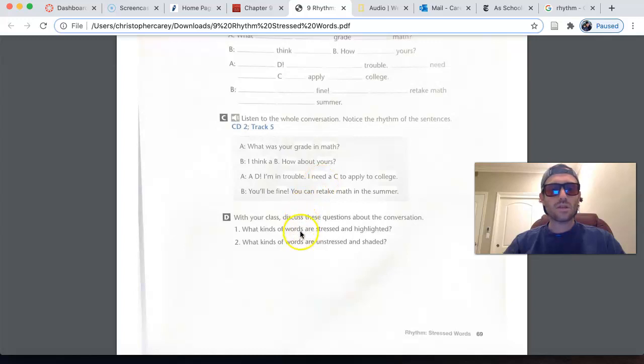And how about the ones that are unstressed? The ones that aren't highlighted there? Shaded. "Was," "your," "I," "a," "about," "in." What kind of words are those? Think about that. Maybe jot down some notes, and let's see if your ideas are correct as we continue. I'll see you in the next part of this chapter.